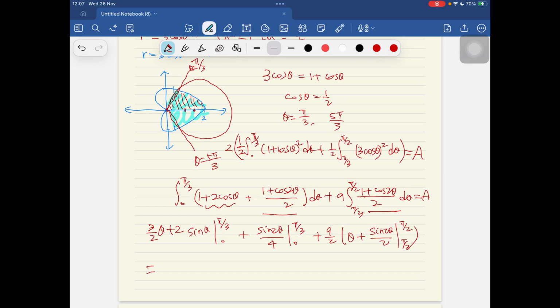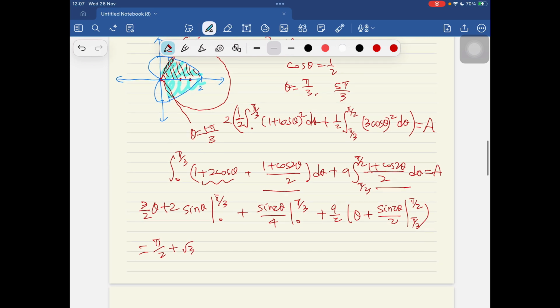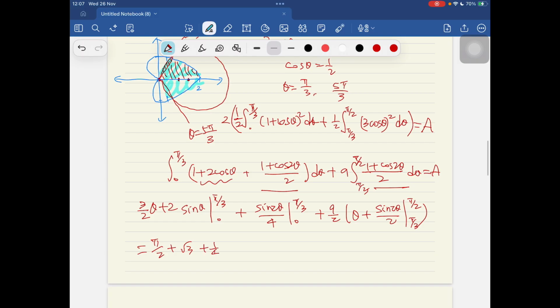So here, pi over 2 plus sine, square root of 3 and 0, plus 1 over 4 square root of 3 over 2, minus 0, plus 9 over 2 times pi over 2 minus pi over 3, plus half sine pi is 0 minus sine 2 pi over 3, which is square root of 3 over 2.